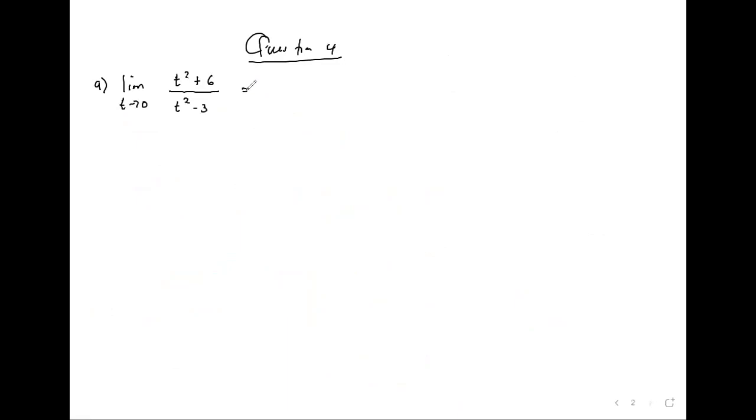Oh, this is a very simple question. Just where there is t, substitute 0. So we have 0 squared plus 6 over 0 squared minus 3. This will be 6 over minus 3, which is negative 2. We're done. So it's very, very easy. Just substitute directly.